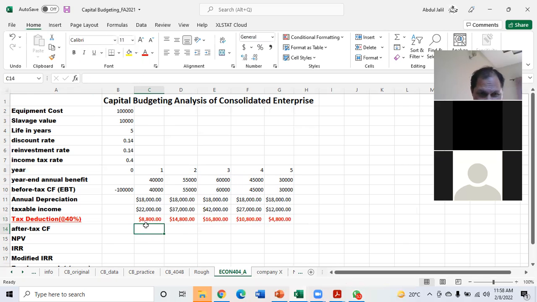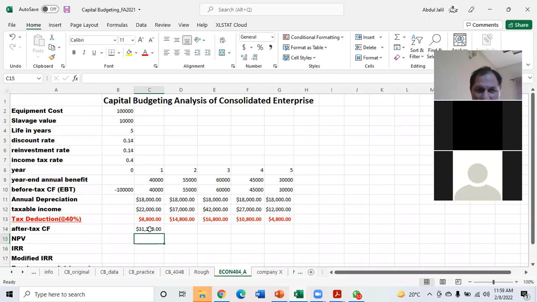So you have to deduct that. These values need to be deducted, so I need to deduct this 8,800, the tax amount, from this original amount, right? Minus taxes, because this will give you the after-tax cash flow.